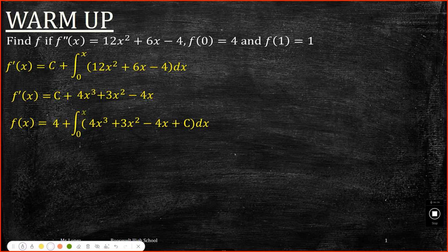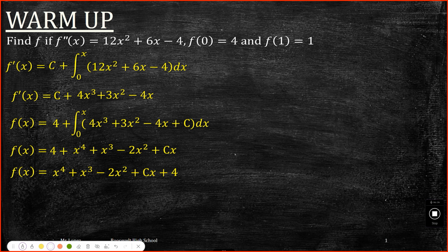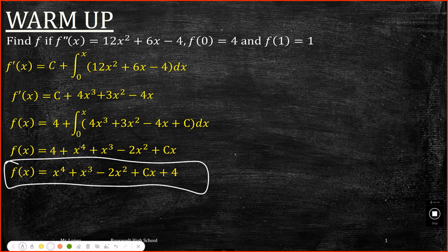Integrate that. And now could you use this? It doesn't matter which one you use. It would be the same for either one, because you're already in this world of the position, where you want to figure out what the constant is, and you could use this or this. It doesn't matter.